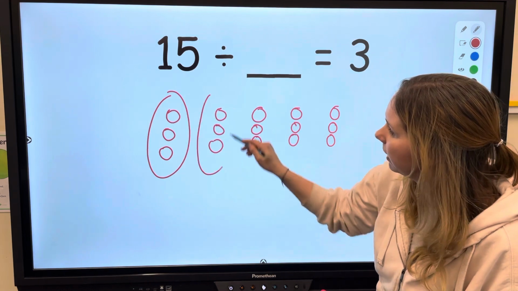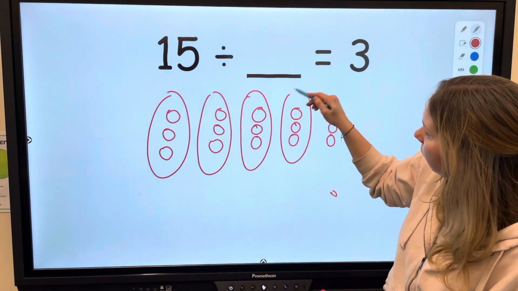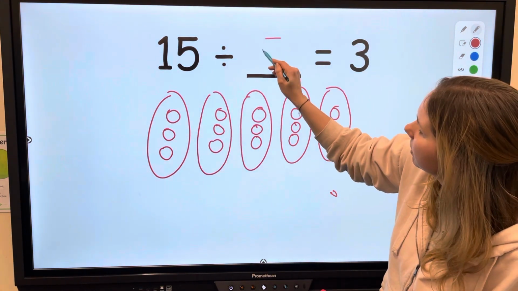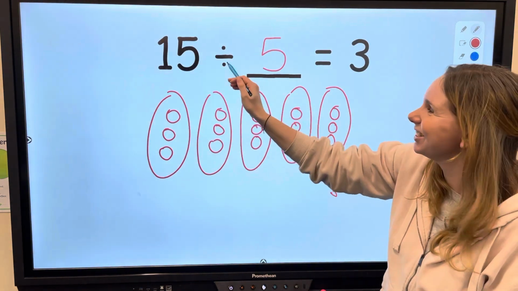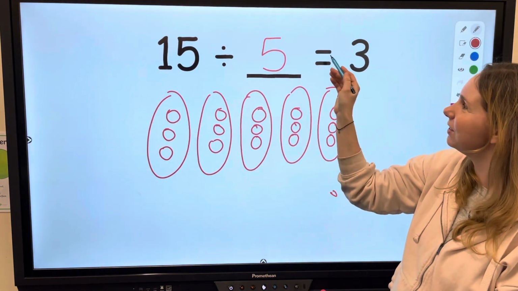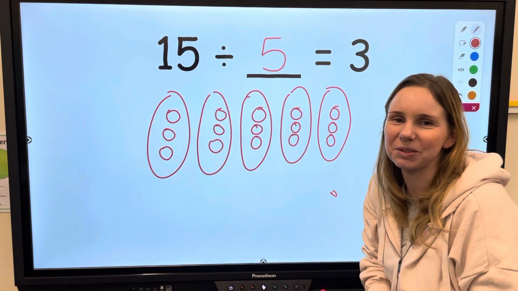How many groups do we have? 3, 4, 5 groups. 15 shared, divided by 5 equals 3.